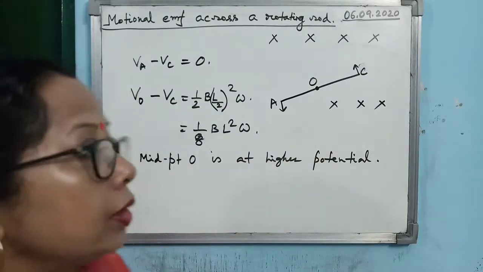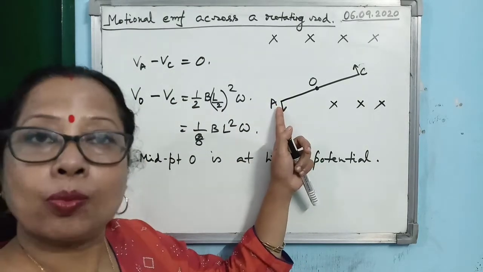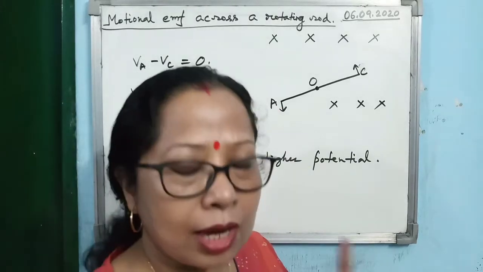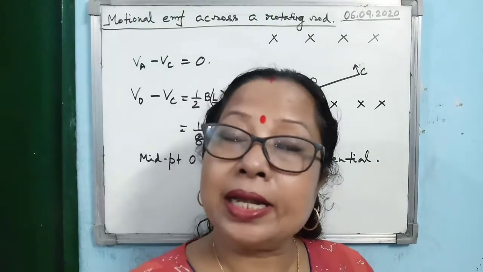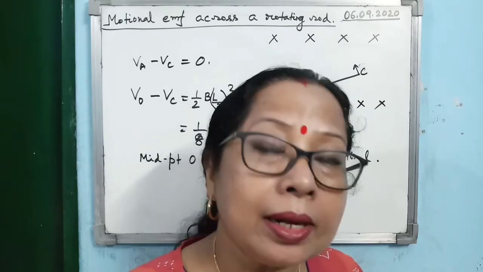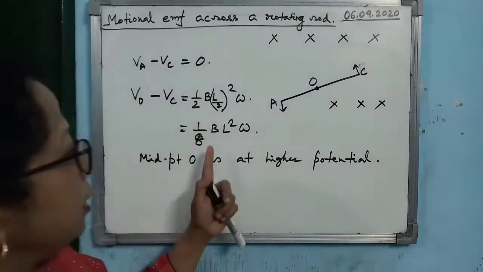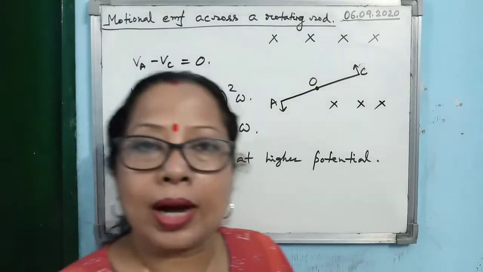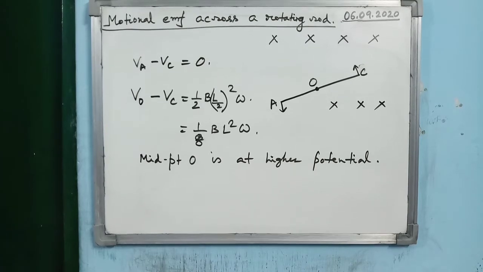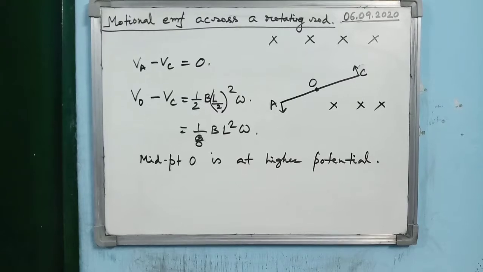So if the rod rotates about one end, then the induced EMF is half B L square omega. But if it rotates about its midpoint, then the induced EMF developed will be 1 by 8 B L square omega. So you remember all the final results at least.